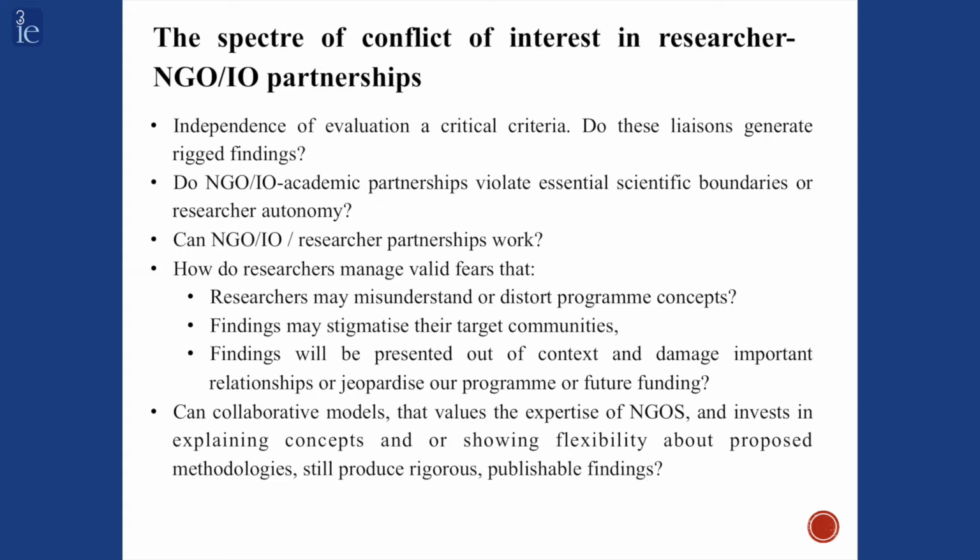What is the impact of what you're doing? What are the types of investment and the types of intervention that really make a difference? So the natural thing is to bring those groups together and say, okay, how do we generate that evidence? But you have that spectre of potential conflict of interest when you're bringing together researchers with NGOs and international organizations. So we know in evaluation, independence is a critical element.